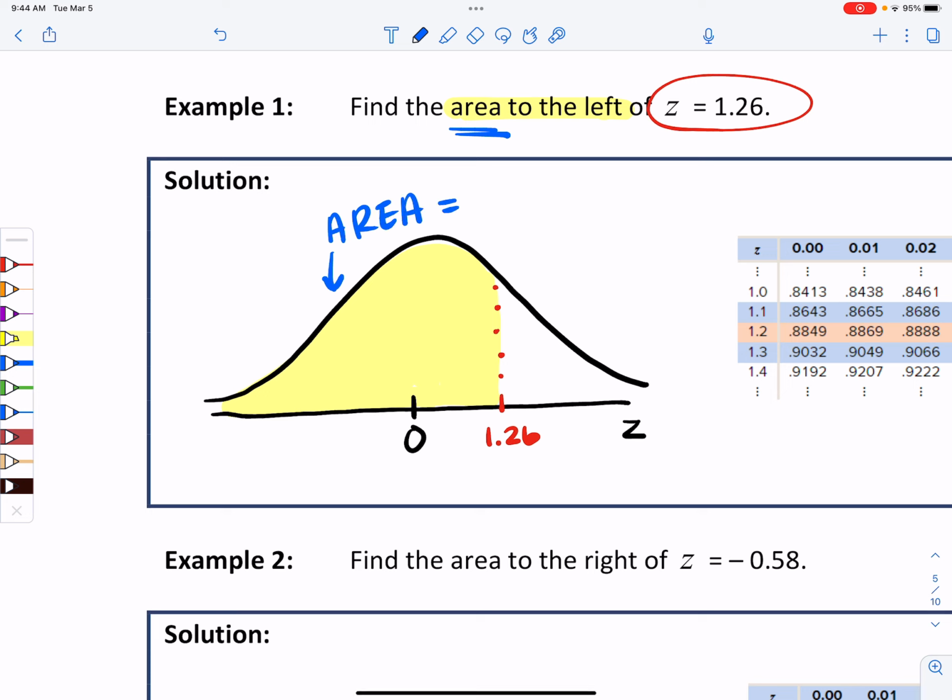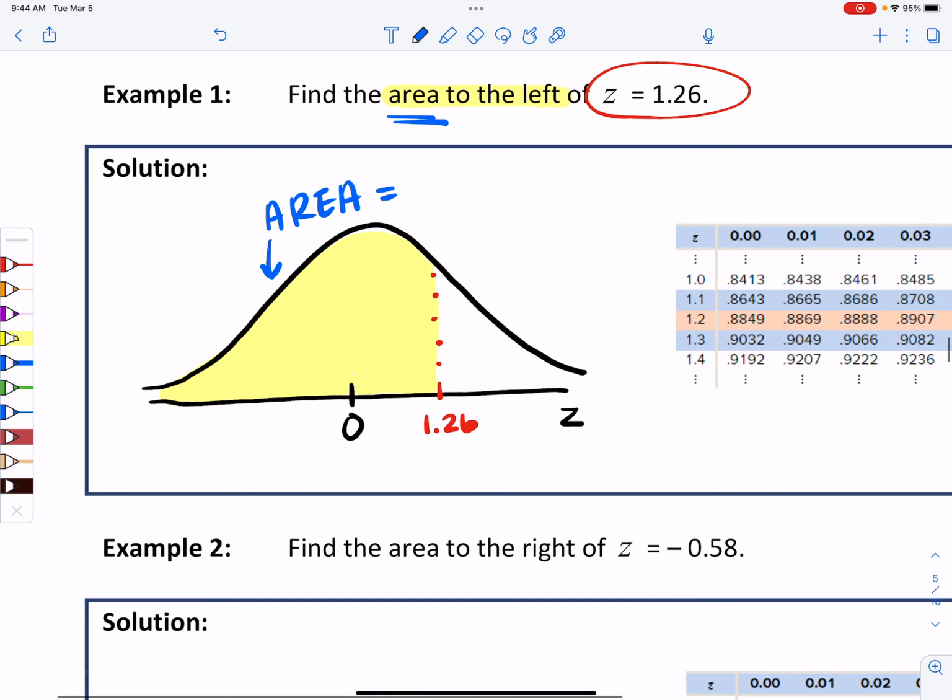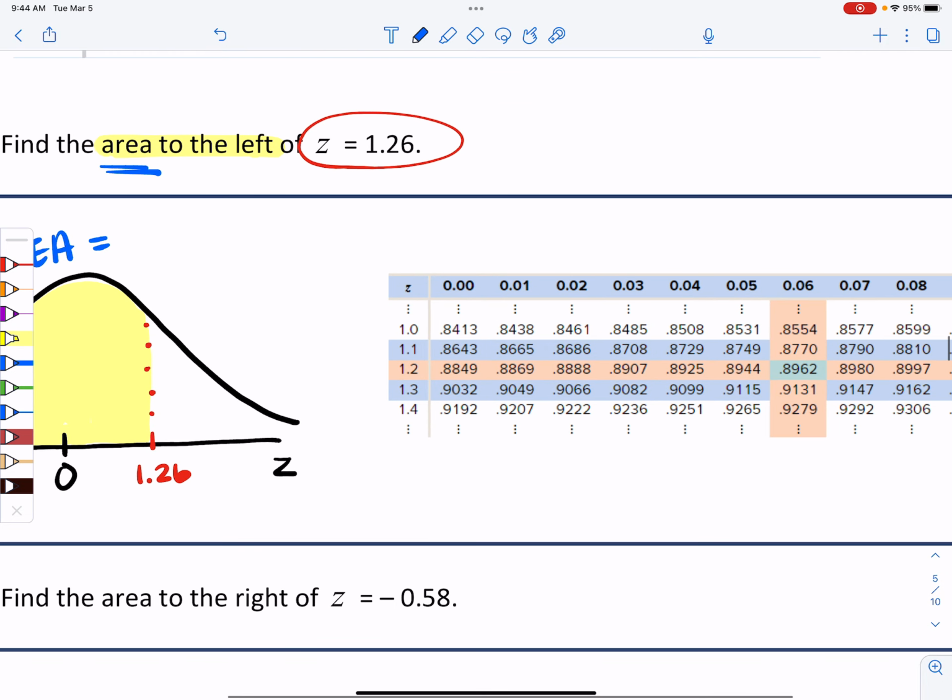When you're asked for the area to the left, or when you're given a graph that shows area to the left, you're just going to take that z-score to your table A2. Make sure you're on the page with positive z, and you look up z on the outer edges of the table. So on the left-hand column, I'm going to look up the z-score just to the first decimal place. Don't round it, all right? Just only look up to the first decimal place. That'd be 1.2.